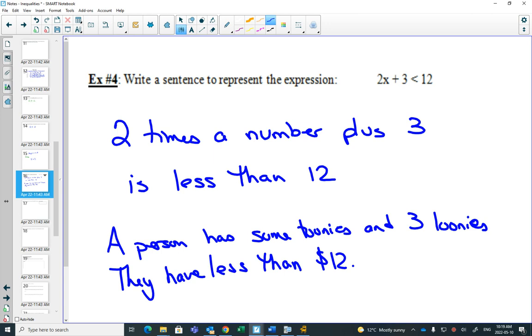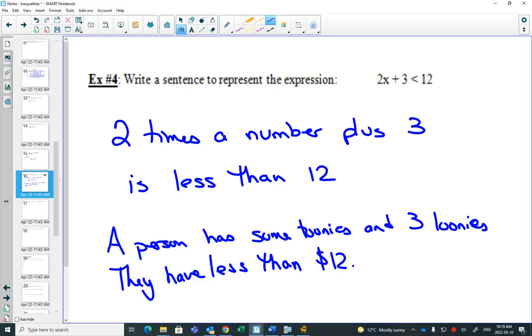Does this make sense for how much money they have, the expression? Right? Here's the 3 loonies. And every toonie that they have, which is the X, is worth $2. But the total amount of money they have is less than 12.